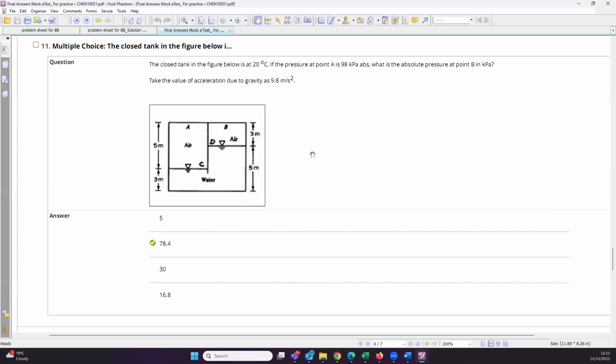Okay, so one thing that you need to, before you even solve the question, you can tell, first of all, you know that liquids maintain surface. Okay, so the only way water is maintaining this shape is because the pressure of this air is higher than the pressure of this air.